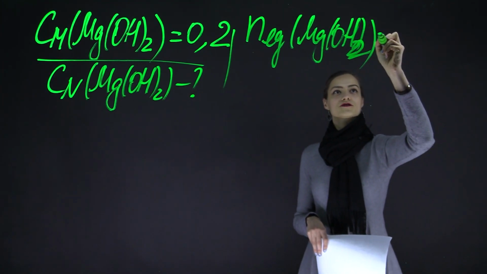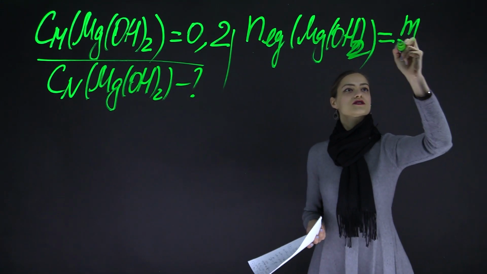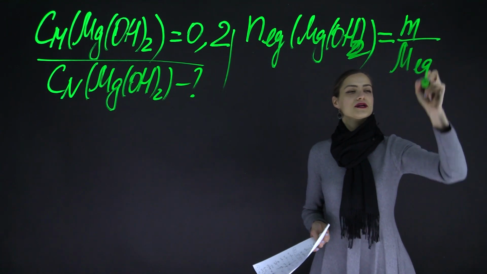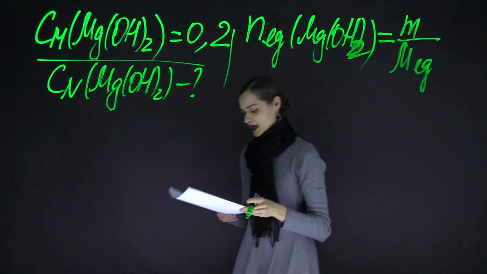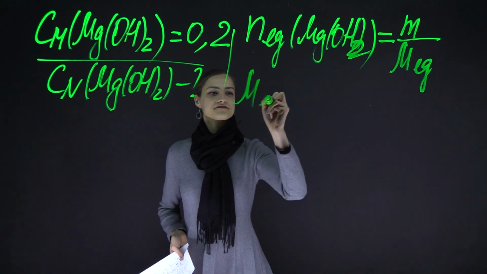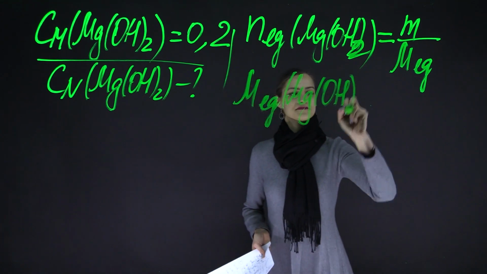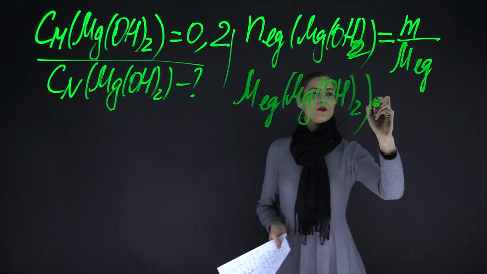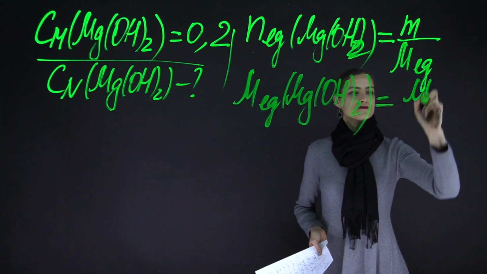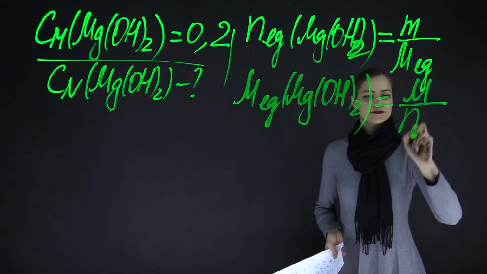We know that to calculate it, we need to know the mass of this substance and the equivalent mass of this substance. Equivalent mass for magnesium hydroxide we can calculate from the molar mass of this substance and the number of hydroxyl groups.